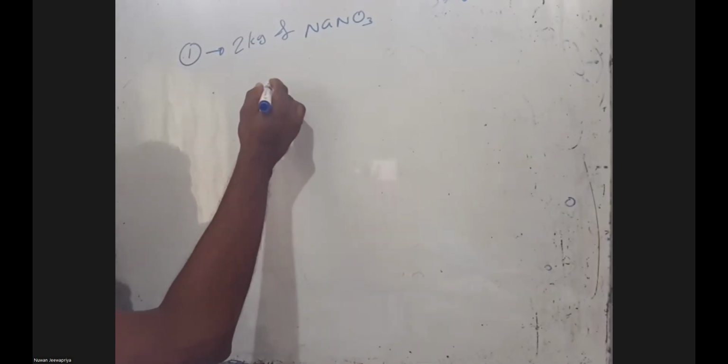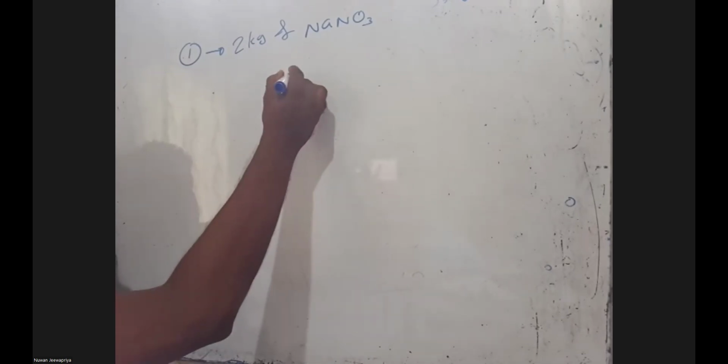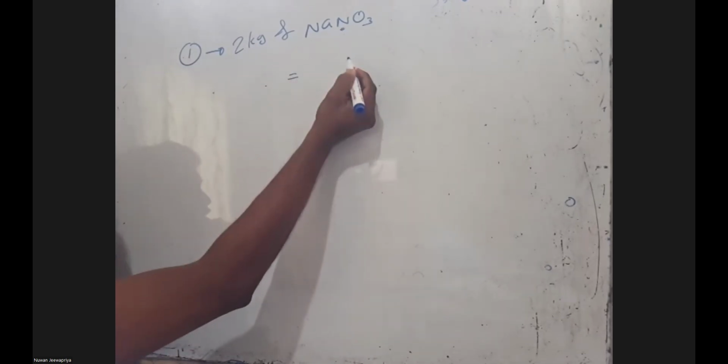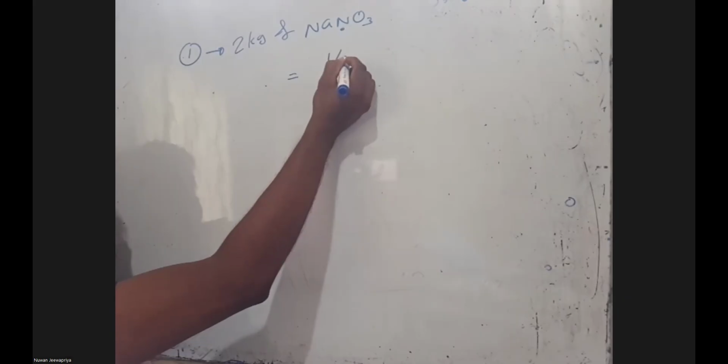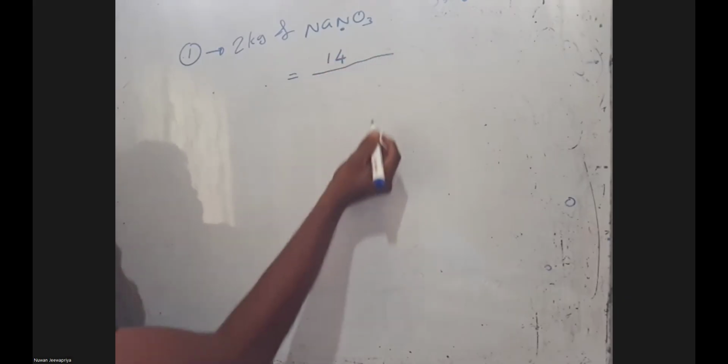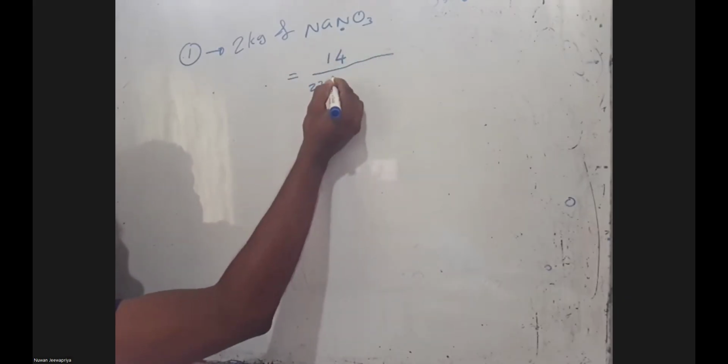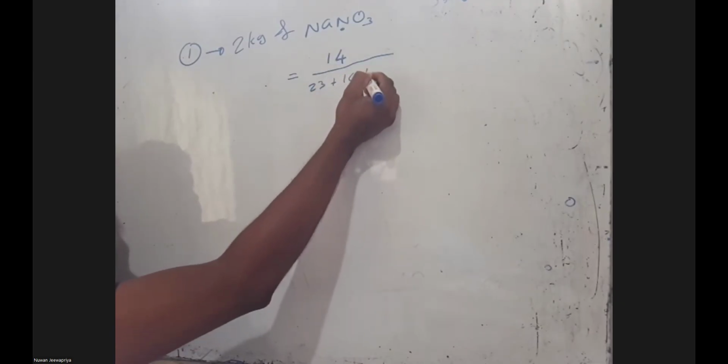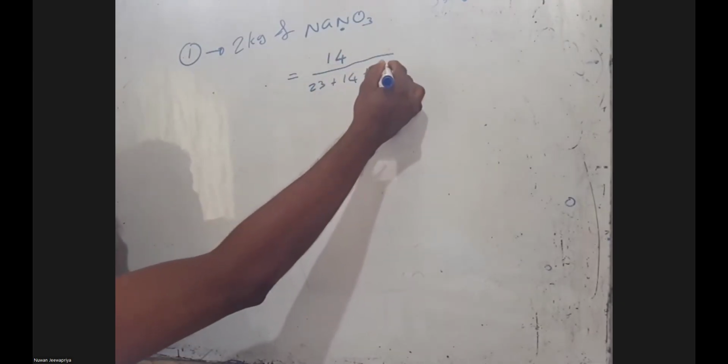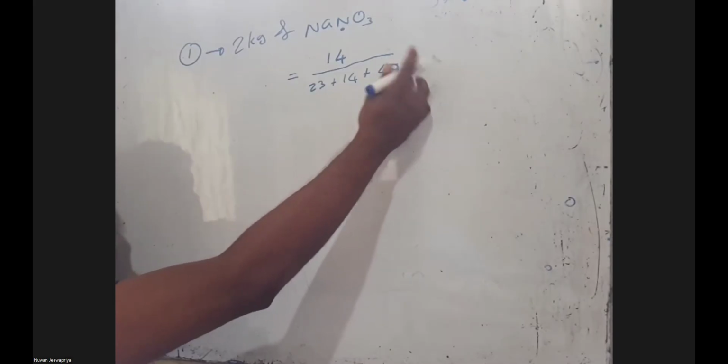When I consider the mass of nitrogen here, there is one nitrogen, therefore the mass of nitrogen is 14. Total mass: sodium 23, nitrogen 14, oxygen 16 into 3, 48.